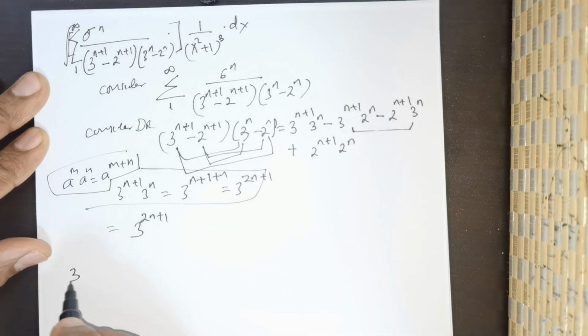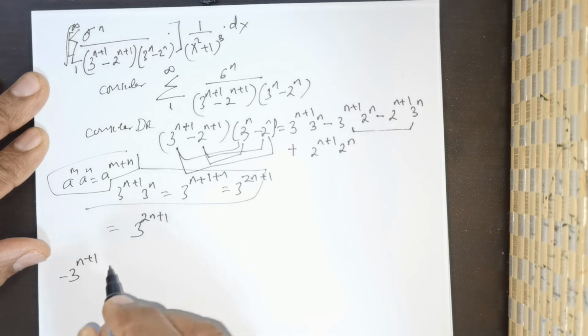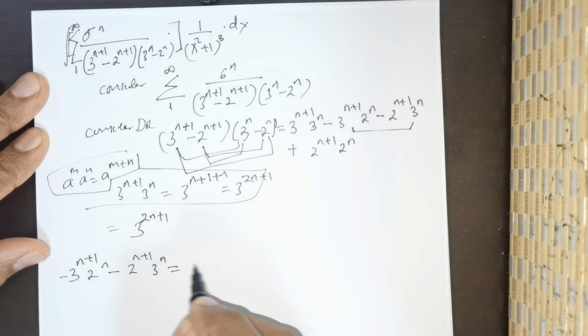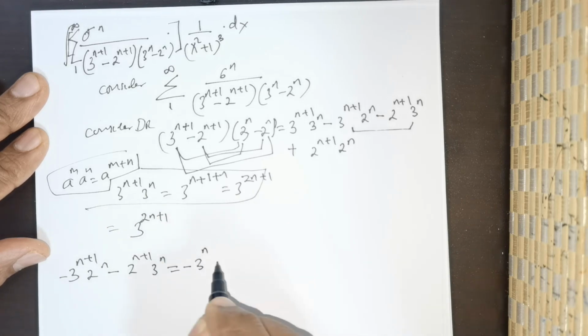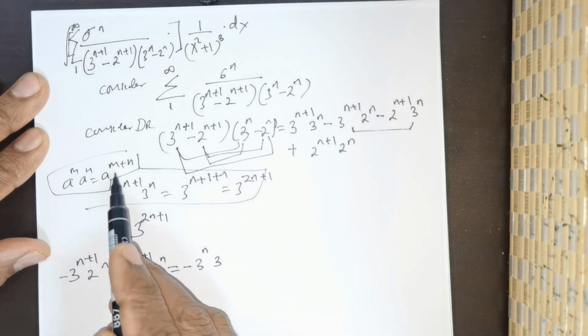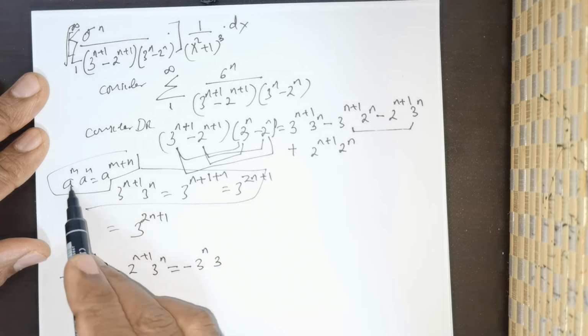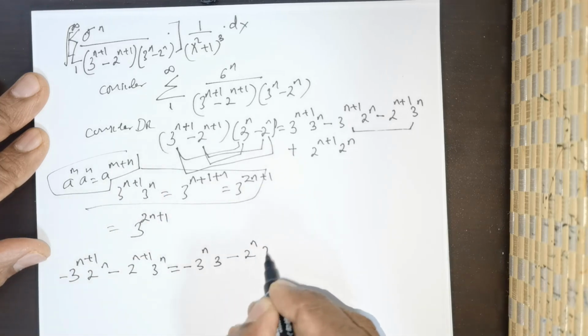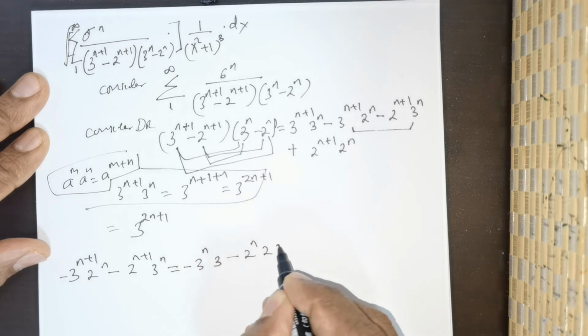So let me consider this: negative 3^(n+1) times 2^n, negative 2^(n+1) times 3^n. This is rewritten as negative 3^n times 3, right, by the rule that a^(m+n) can be rewritten as a^m times a^n, followed by 2^n times 2 times 3^n.